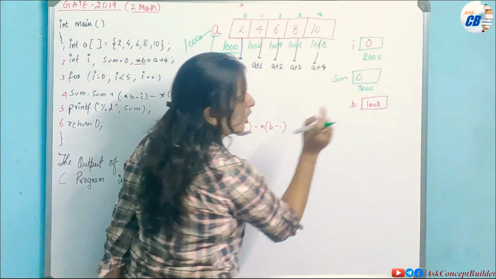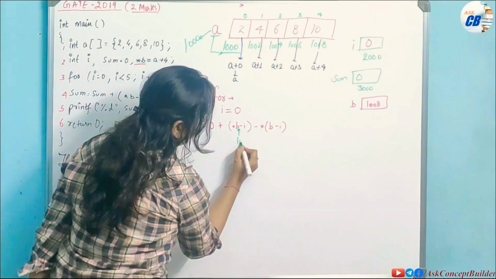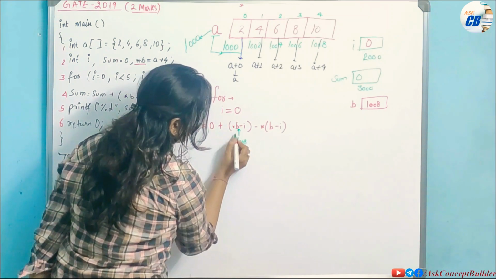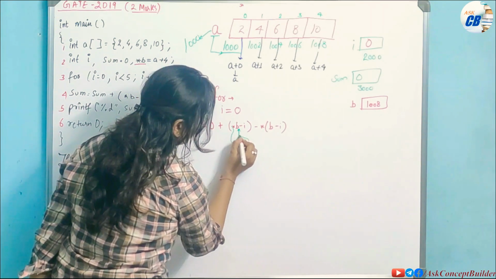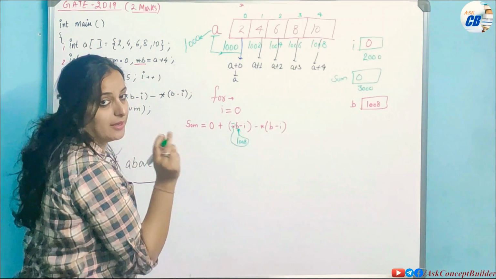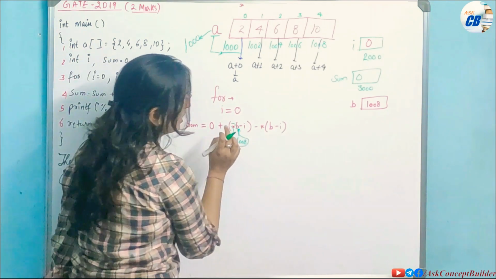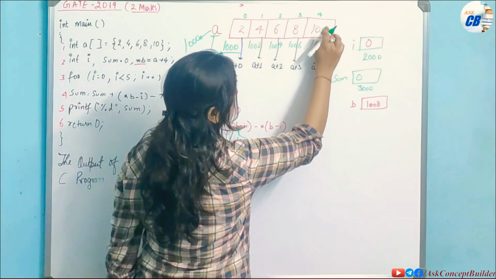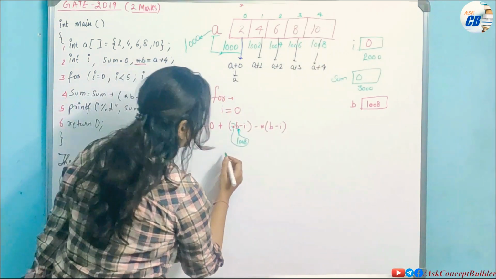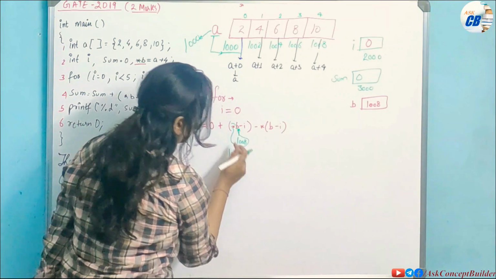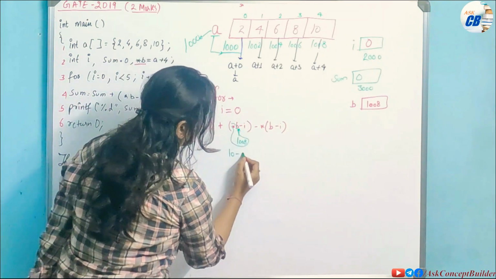The b value is 1008. So b is 1008, but it has a star: star of 1008 means the value at this address. So the value at 1008 is 10. So this will come as 10 minus, the I value is 0.